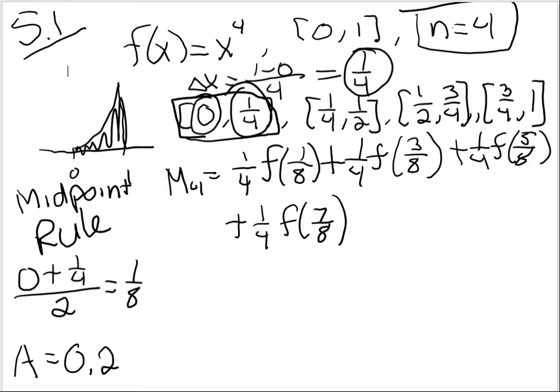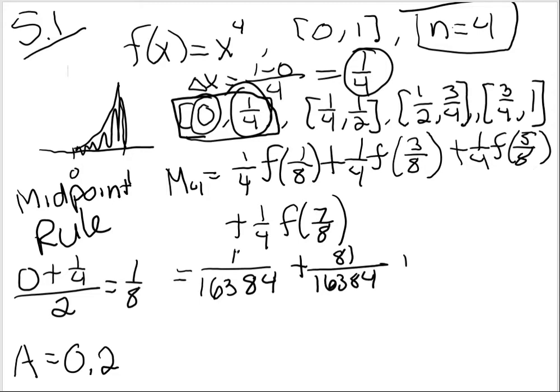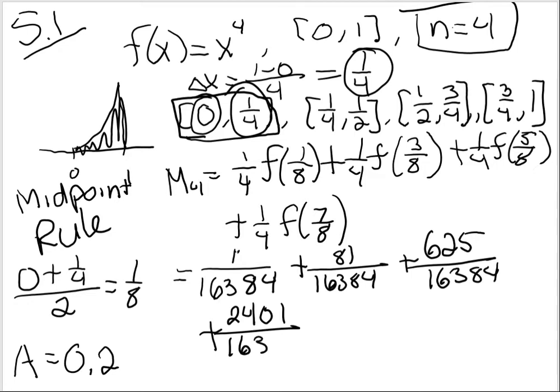And what do we get? Well, this is going to be 1/16384 plus 81/16384 plus 625/16384 plus 2401/16384.